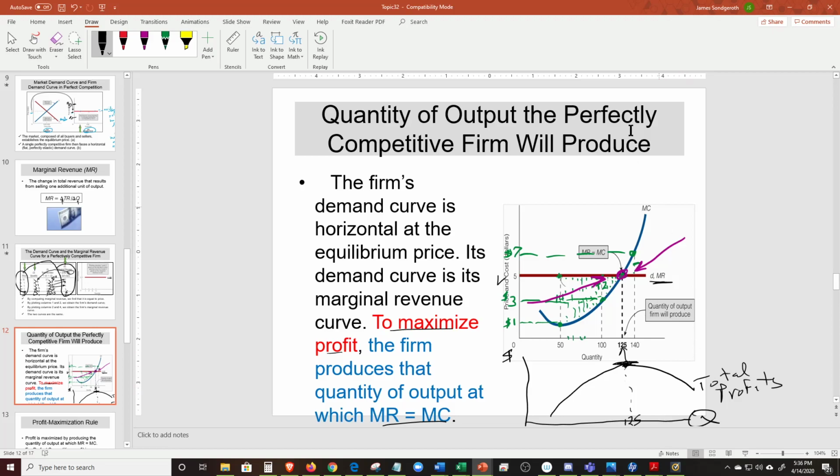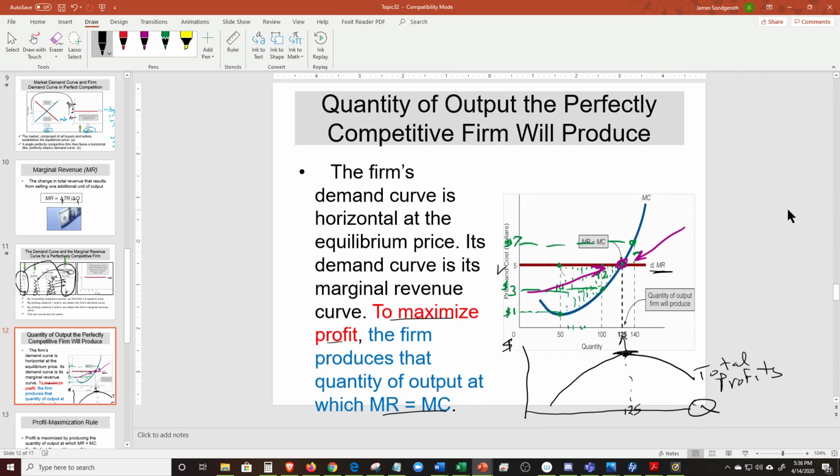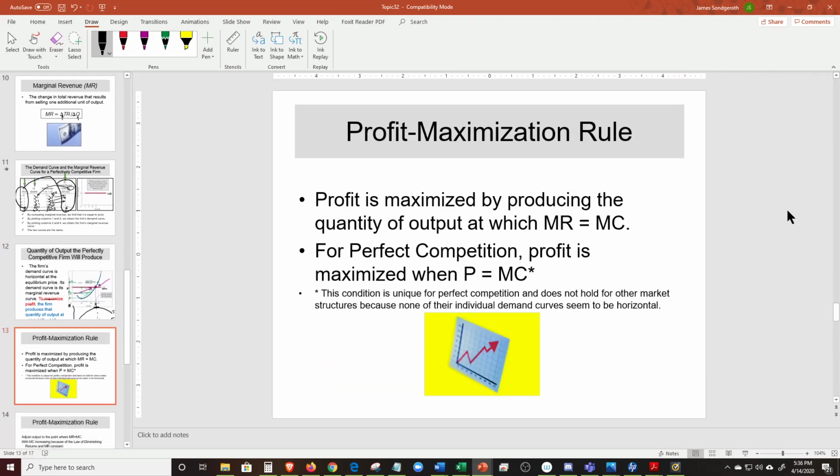So that is the rule for profit maximization. And here we go. Here's the rule, nicely given to us. Profit is maximized by producing the quantity of output at which marginal revenue equals marginal cost, which basically says where marginal profit equals zero.